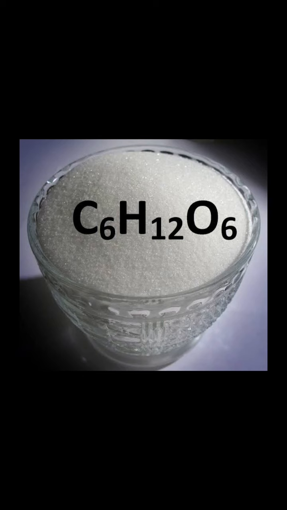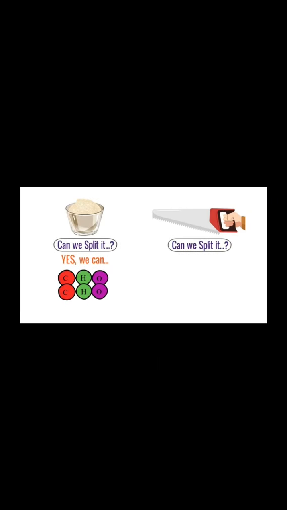It is C6H12O6. Let me ask you again, can we split sugar into two or more simple atoms? Yes, we can split sugar into three different atoms, carbon, hydrogen and oxygen.